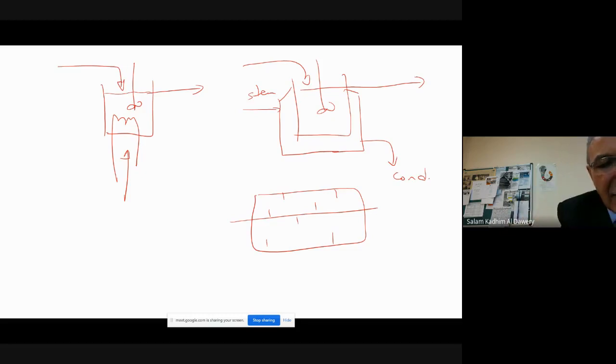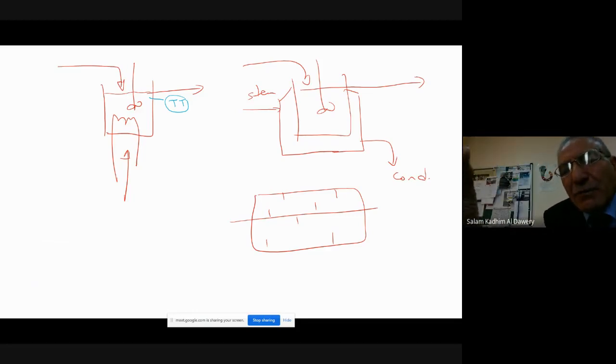So for this particular one, we need again a control system. We measure the temperature inside the tank, with a temperature transmitter. The element is required first, but both element and transmitter are placed together in one instrument. They call it a transducer.